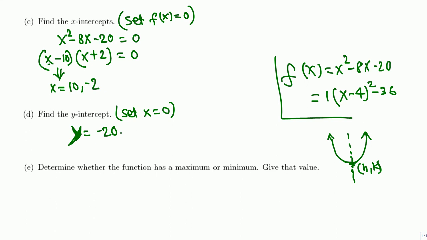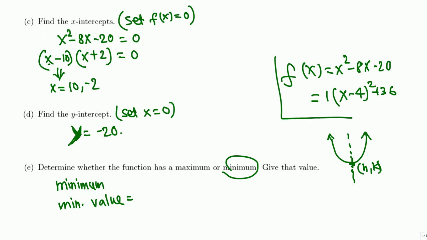Since the parabola opens up, we get a minimum. The minimum value means the y-coordinate, k, which is negative 36.